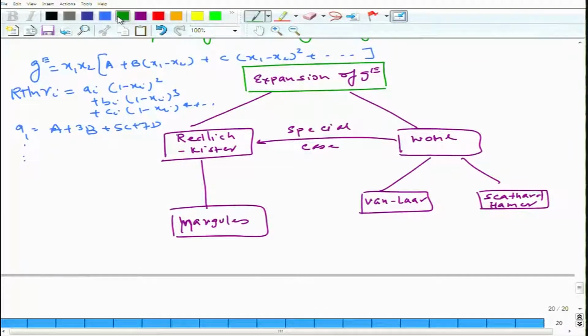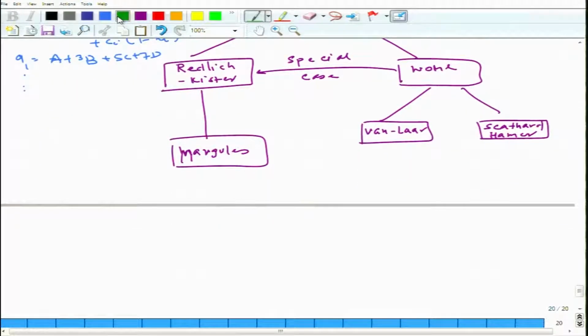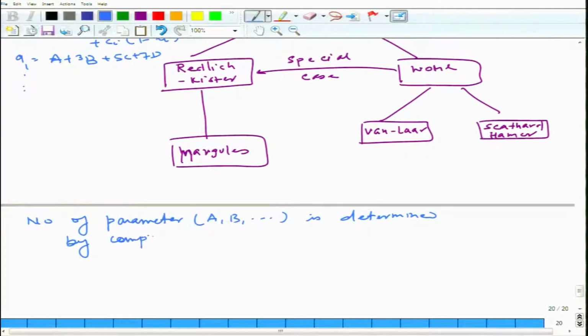In other words, the number of parameters A, B, C is determined by the complexity, quality and quantity of the experimental data.